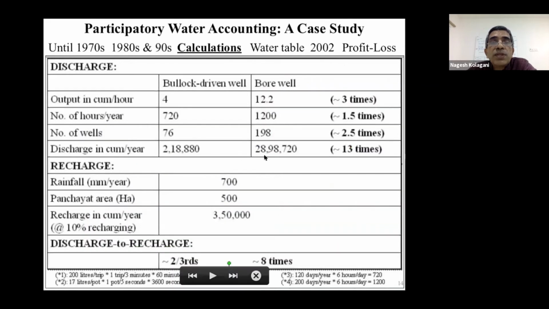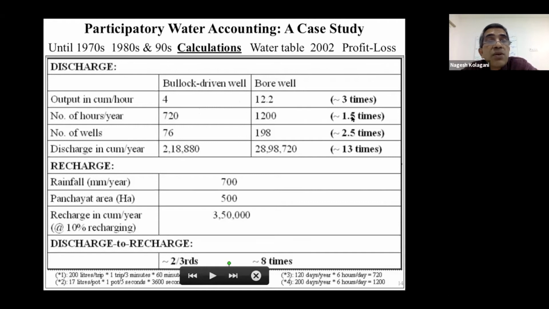Now, if you see the calculations, in the 70s, output used to be by a bullock. It could only work a few hours a day. It can only draw so much per hour. A tube well is about typically 7.5 to 10 horsepower, which is about 3 times more than a pair of bullocks. The number of hours also has increased 1.5 times.